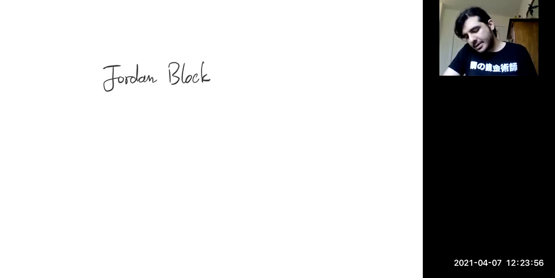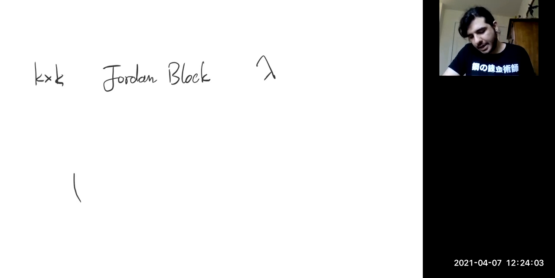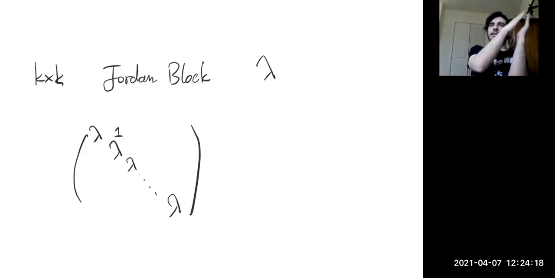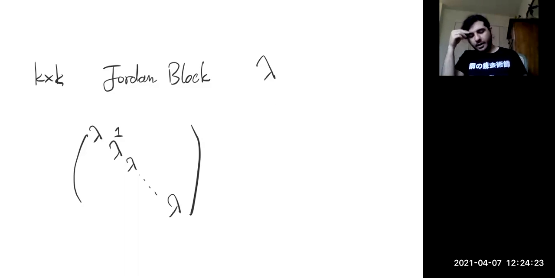Suppose lambda is just a constant number. A K by K Jordan block is a K by K matrix which has lambda on its diagonal. So it is very close to being diagonal, but it's not really. The line directly above the diagonal has 1 in all entries, and everything else is 0.